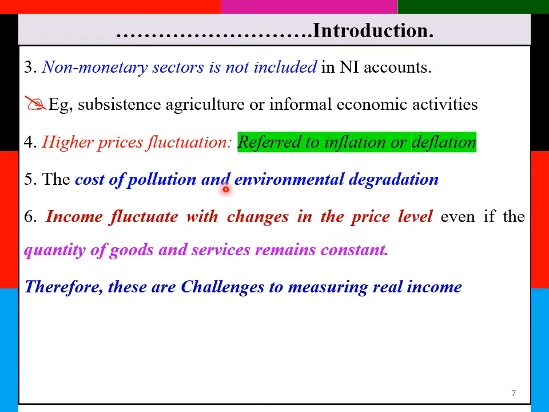Cost of pollution and environmental degradation is again not included in the calculation of GDP. This is another problem for the measurement of real income. Income fluctuates with changes in the price level. As prices change, real income also changes. Therefore, it can affect the measurement of real income.